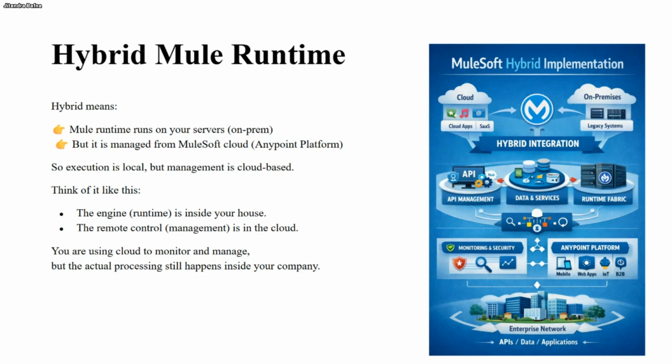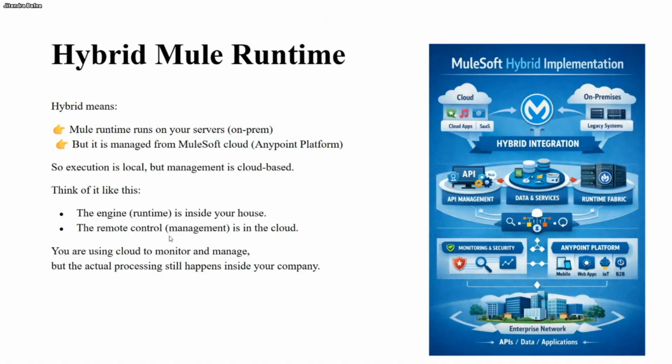You go to Runtime Manager, say deploy application, and choose the target as your on-premises. Then just select the jar file, and it will deploy your application to your on-premises environment, right? You can apply the policies, and you can check your application monitoring and all those things, which will be available on your Anypoint platform, basically, right?